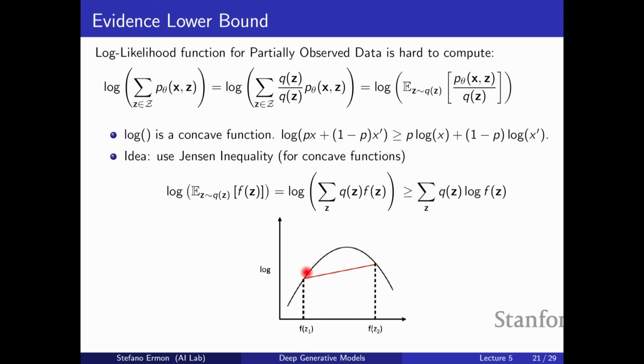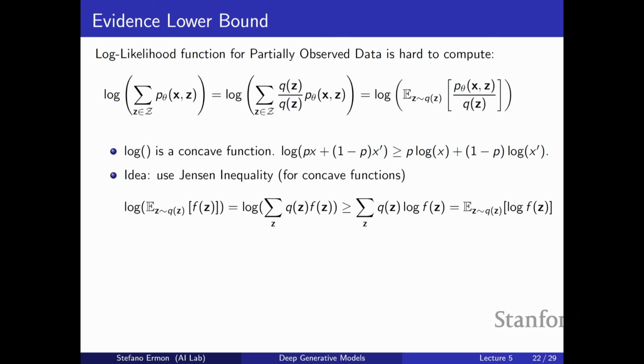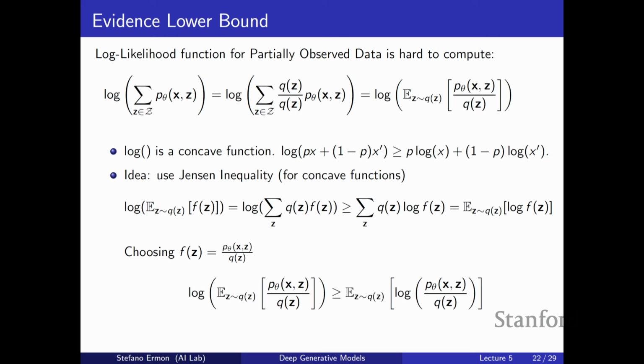And so if you have two points, f(z1) and f(z2), and you take the linear combination of that, you're always below what you would get if you were to apply the log. And so in our world, for this particular choice of f(z), which is this density ratio, the log of the estimator is at least as large as the average of the log.